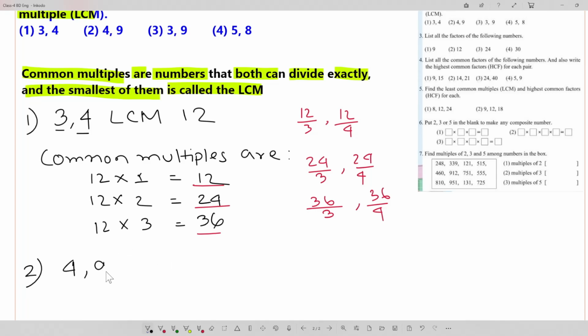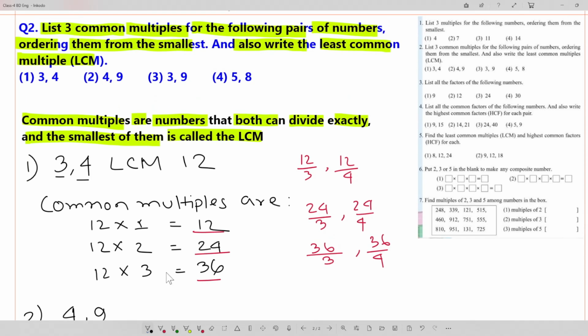Number 2, 4 and 9. The question again: list 3 common multiples for the following pairs of numbers, ordering them from smallest, and also write the least common multiple.